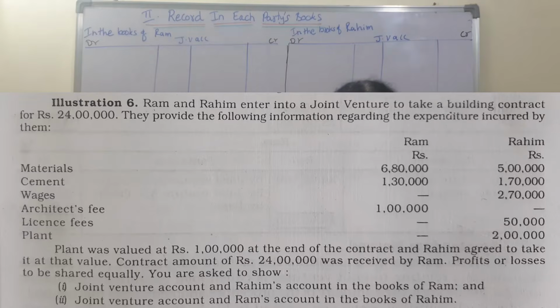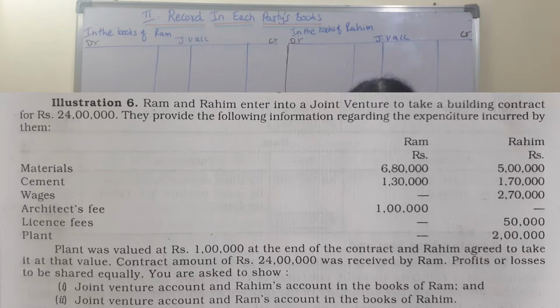The expenses of Ram and Raheem are given: material, cement, wages, architect's fee, license fee and plant. So these are the expenses. Ram's material is 6 lakh 80, Raheem's is 5 lakh. Cement, Ram's is 1 lakh 30, Raheem's is 1 lakh 70. Wages, only Raheem's, 2 lakh 70,000. Architect fee, Ram's is 1 lakh, Raheem's is nil.